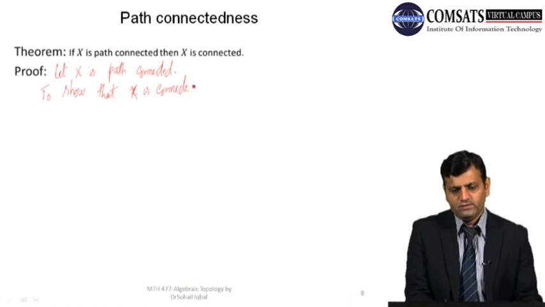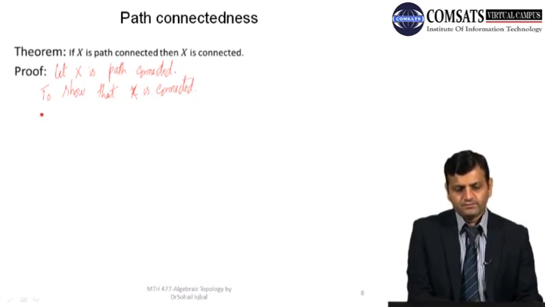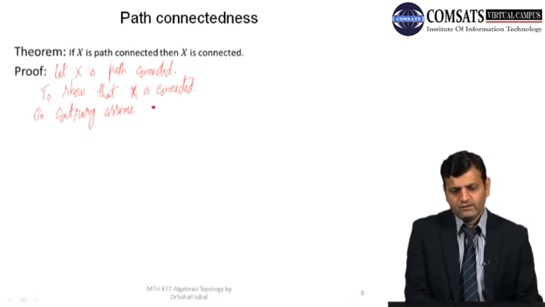Connected means it cannot be written as a union of two disjoint open sets. So on the contrary, let's assume that X is disconnected.